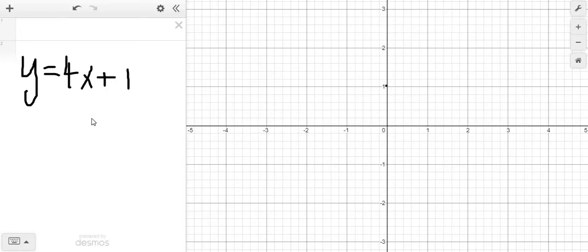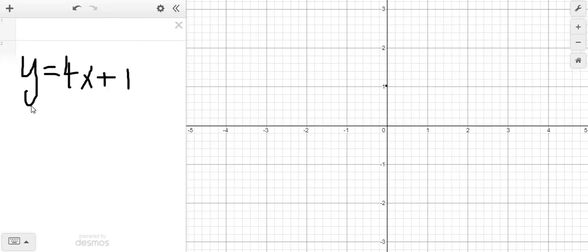So if we know that x is supposed to be 0 in a y-intercept, then to answer the question of why the y-intercept is 1, all we have to do is substitute 0 for x in this slope-intercept linear equation.